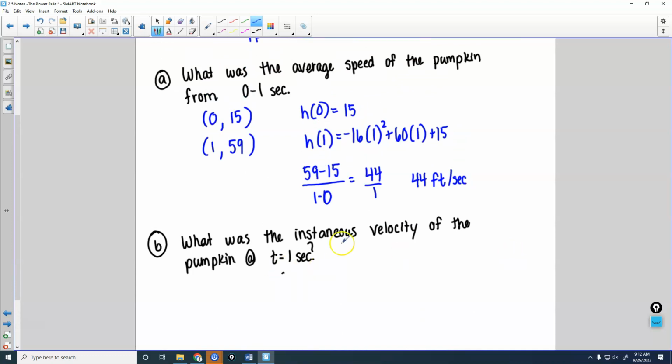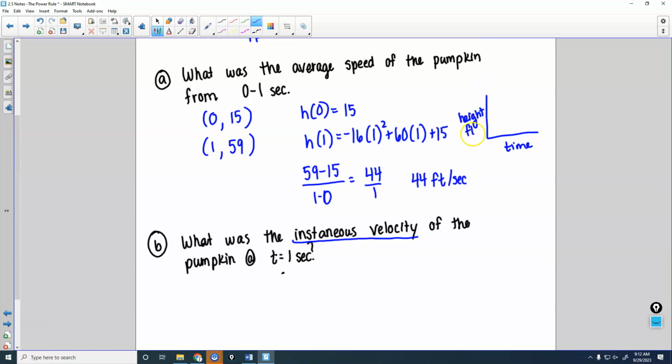B asks what is the instantaneous velocity of the pumpkin at t equals 1. Okay. So if we're wanting instantaneous velocity, right, if we have a height function, then we are talking about the velocity of that function. So if we think about our h of t, we would have time here and height here.